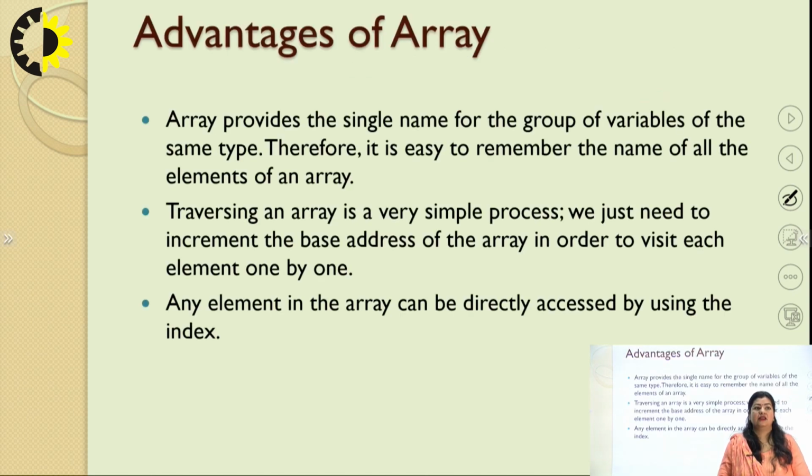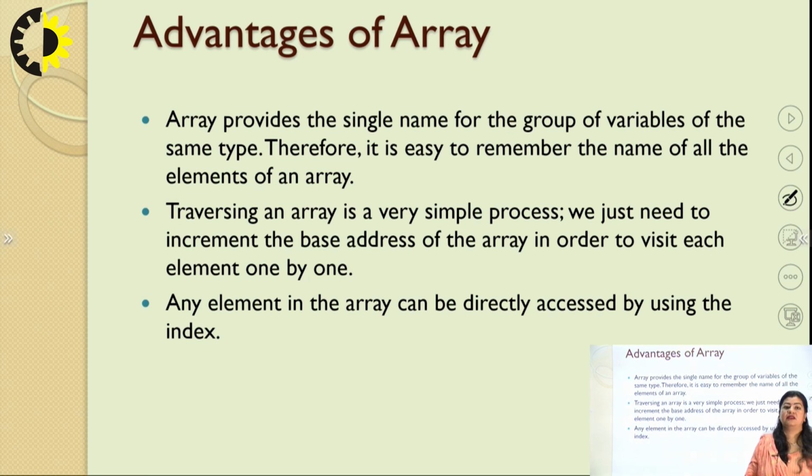And lastly, the advantages of array. Here are the different advantages of array. Array provides a single name for a group of variables of the same type. That means it provides a single name for a group of different variables in the initialization of array. It is easy to remember the name of all the elements of the array. And traversal of an array is a very simple process.